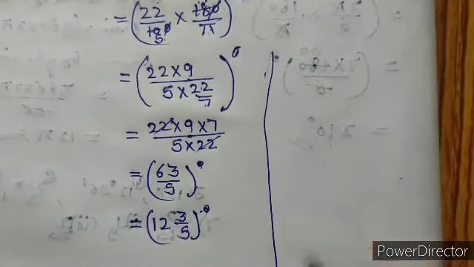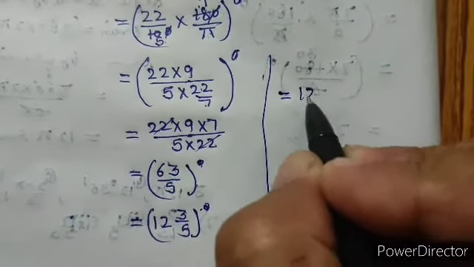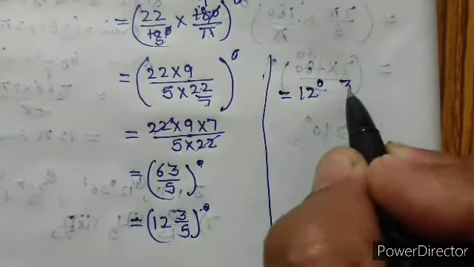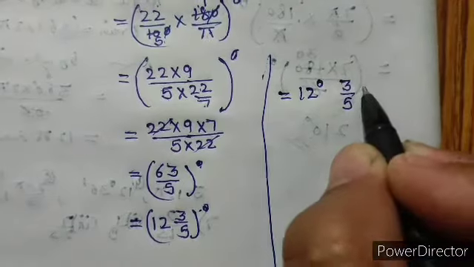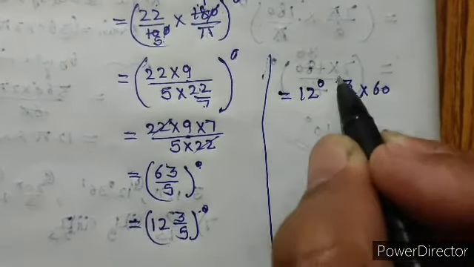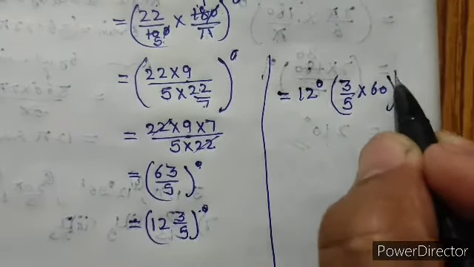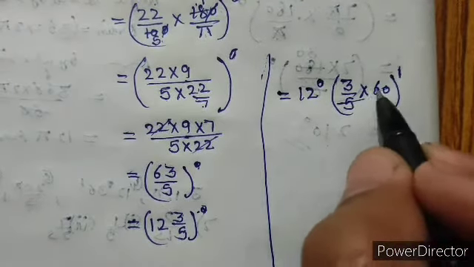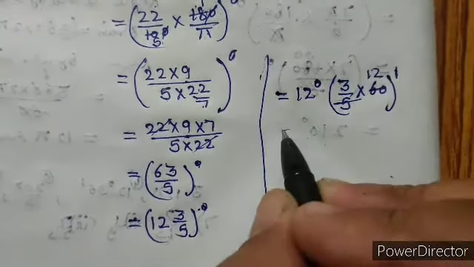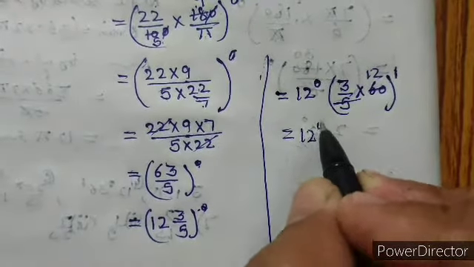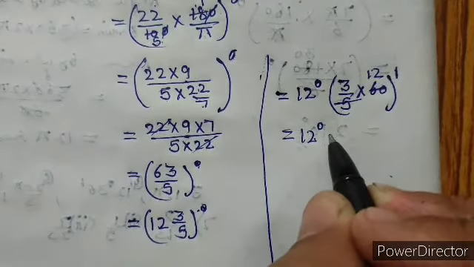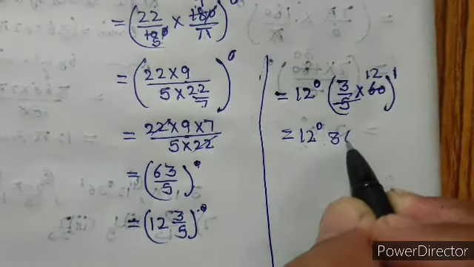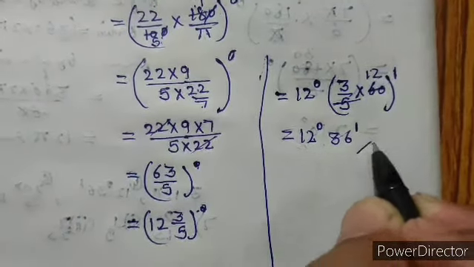Now this will be equal to 12 degree, and 3 by 5 degree can be converted into minutes by multiplying it by 60, as 1 degree is equal to 60 minutes, which will give us angle as 12 degree 36 minutes.